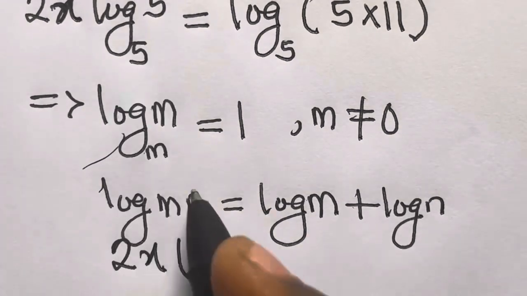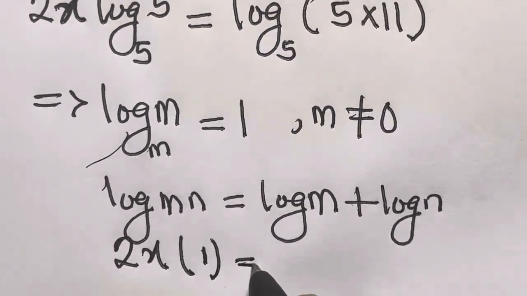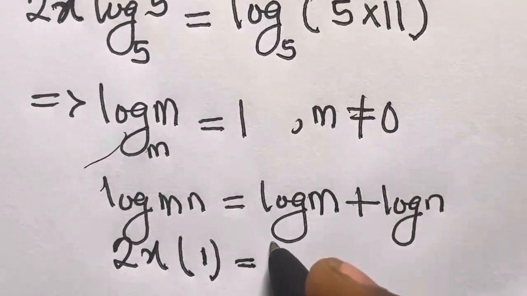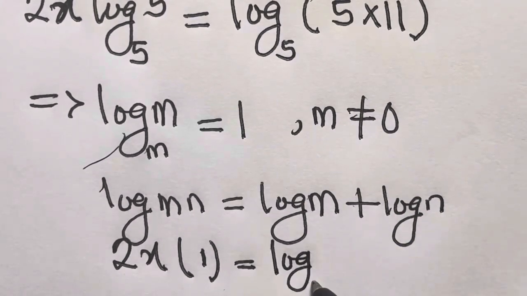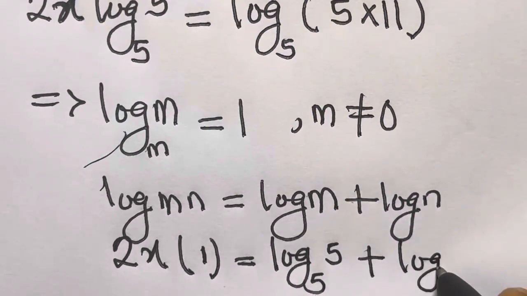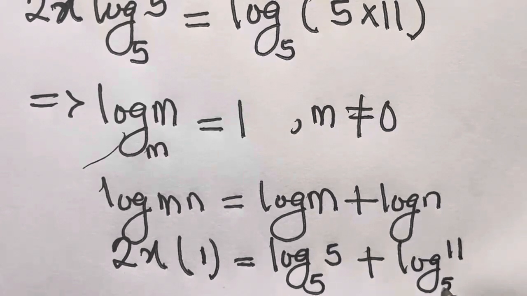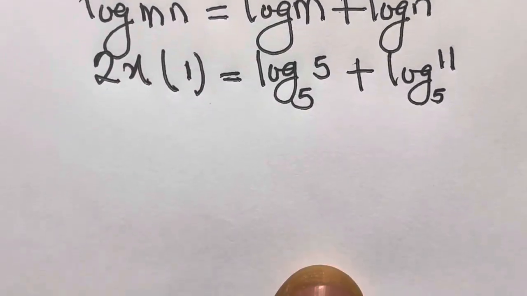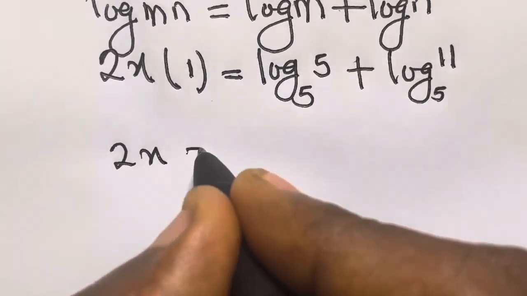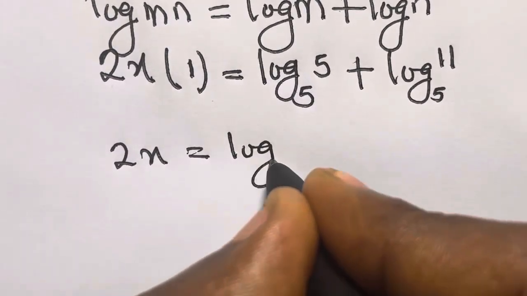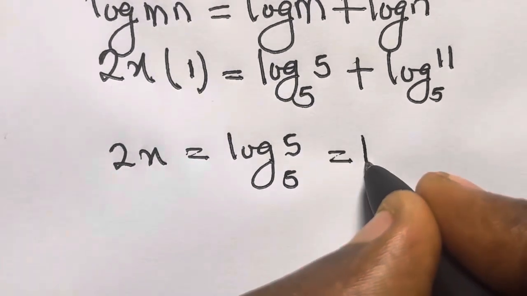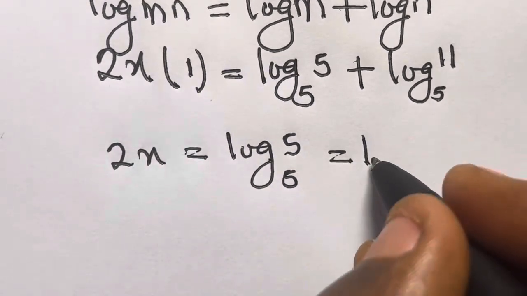So log 5 in base 5 will give us 1, equals we change this multiplication to addition, log 5 in base 5 plus log 11 in base 5. So from here, we will have 2x times 1, we have 2x equals 1 plus log 11 in base 5.